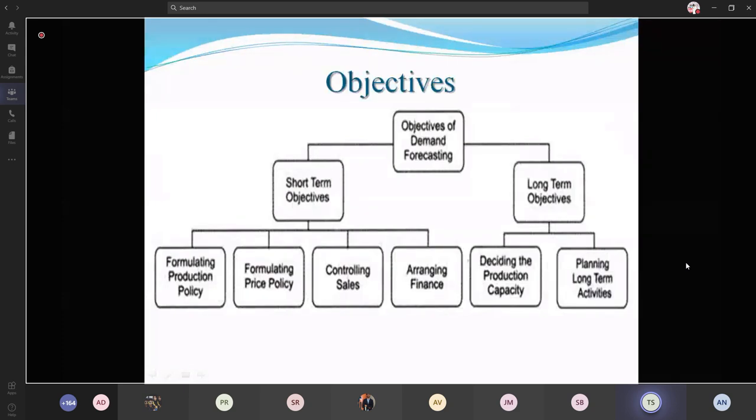How to increase the capacity of machines, how to employ more human resources, how to produce more output, what strategies and techniques are to be followed, how much money to be invested in research and development, how to improve the product, because the forecast says the demand is going to be high in the future. So all the things have to be done. So it takes time. So these come under the long-term activities.